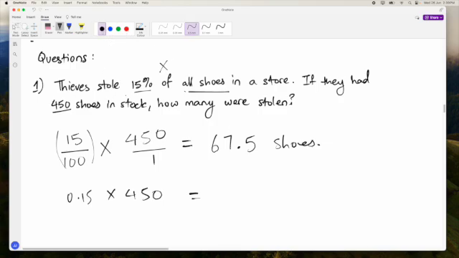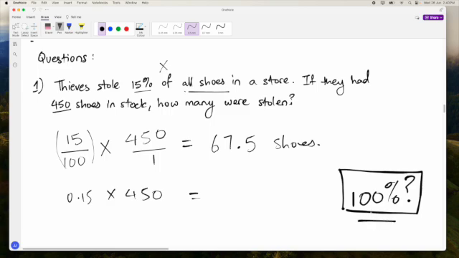Now you're going to see different styles of questions that require you to think in different ways. And so the whole point is thinking about that 100% and asking yourself what in the question represents 100%. It might not be what you think, right?